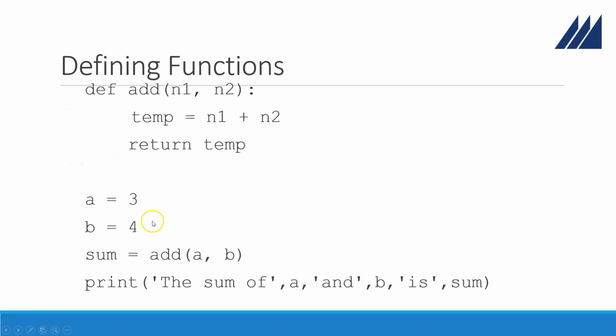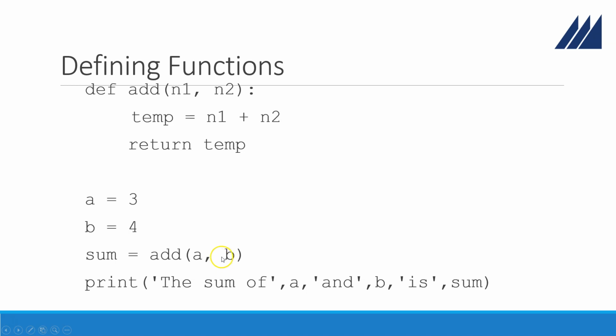Okay, and now add is going to have two parameters, a and b. Why? Because when I defined it, it takes two parameters, n1 and n2. Someone may ask a very typical question: when you defined the function, between parentheses you said n1 and n2, so why over here did I call it with a and b?